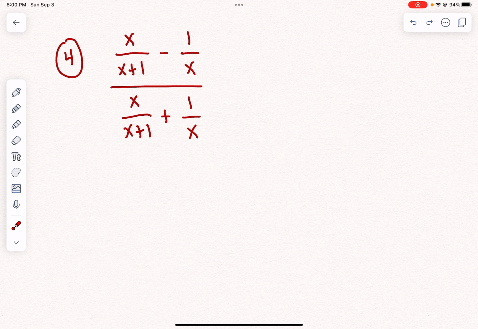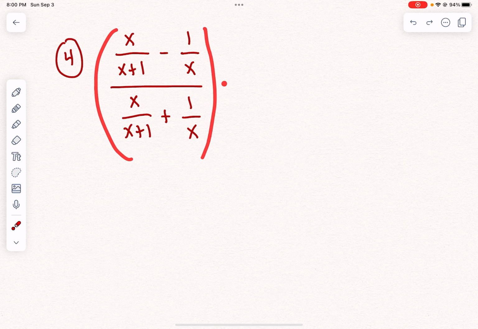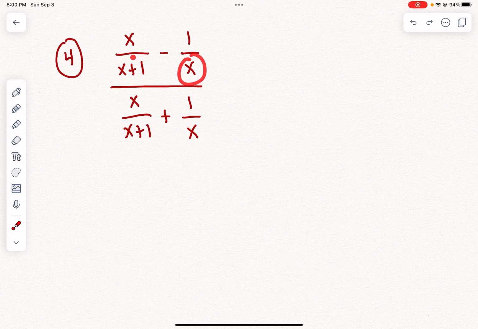So the idea when using this more efficient way of simplifying is to multiply this whole algebraic expression by each of these denominators.